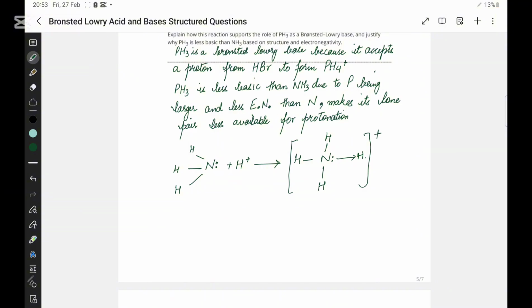But what happens for PH3, as it is less electronegative and has a greater size, its ability to accept a proton with its lone pair would be less.